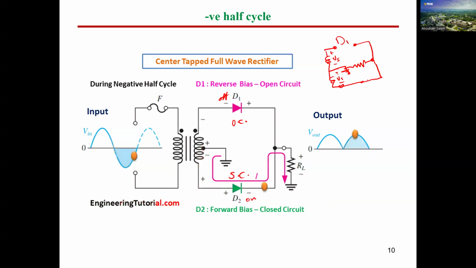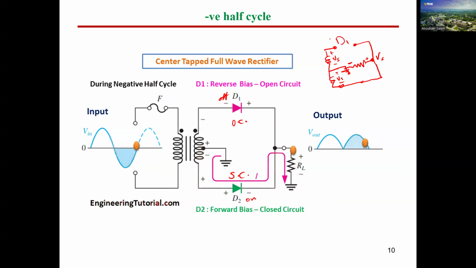During turn on, this VS becomes positive here and negative there, and the voltage here is V peak, which is VS all of the time. Here you have VS, and here you have VS, but it will be reversed during the off state.